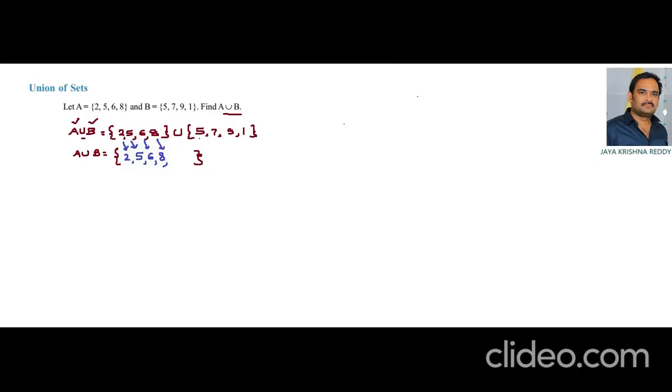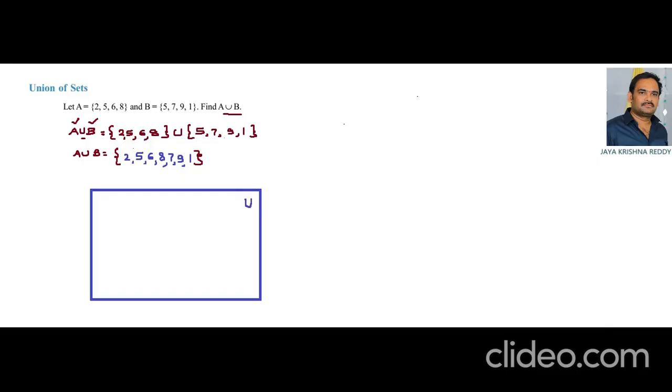Now element from set B: 5 already exist in the set, so no need to write again. And then next element 7, and next element 9, and next element is 1. So this is the set A union B of given two sets.